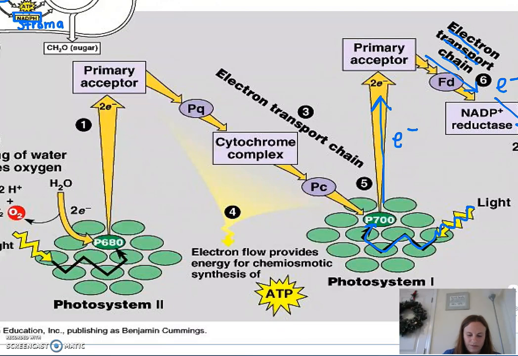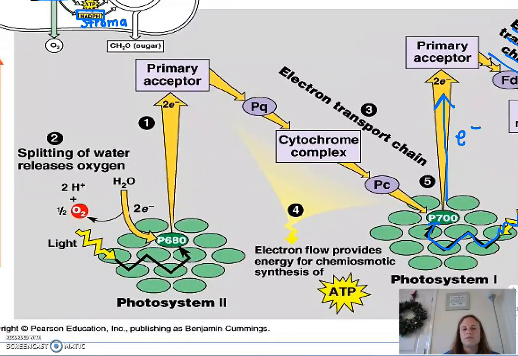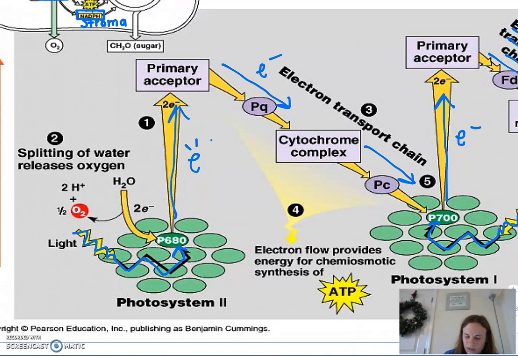So let's take a look at photosystem 2. Now, photosystem 2 is found in more evolved plants. Again, you're going to have light striking the photosystem. An electron gets excited. That electron is going to again travel down an electron transport chain.